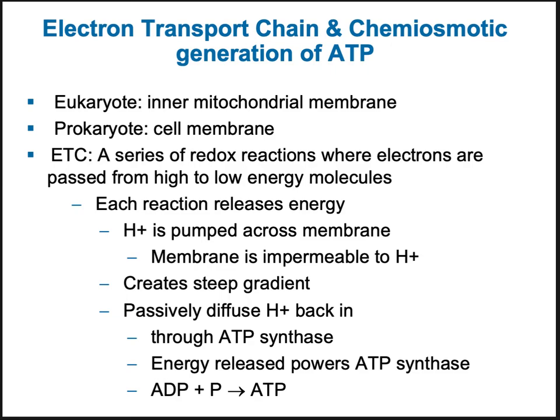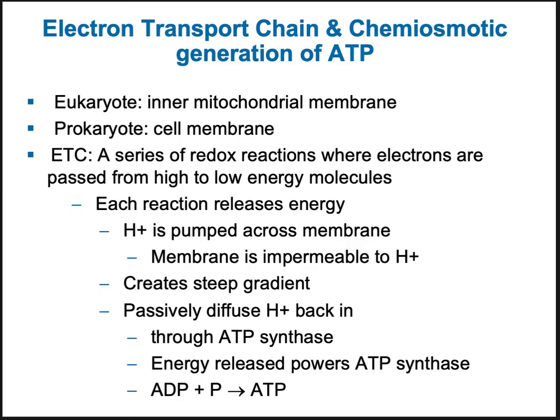And that energy is used to pump hydrogen protons. Notice the plus sign. These protons are pumped across the membrane. So you've gone from the matrix into the inner mitochondrial space. I have an image, don't worry. We'll take a look at this.